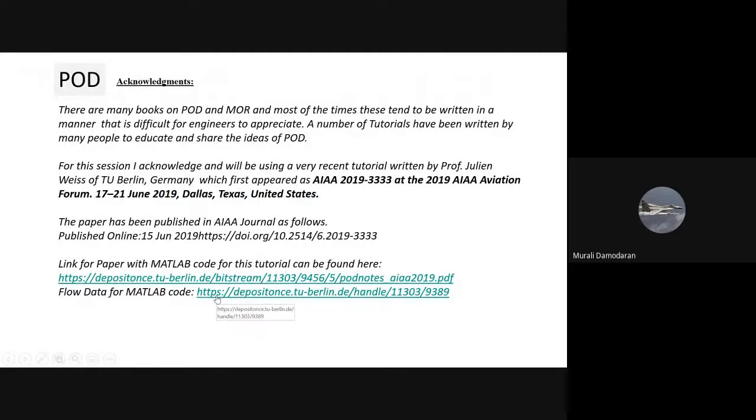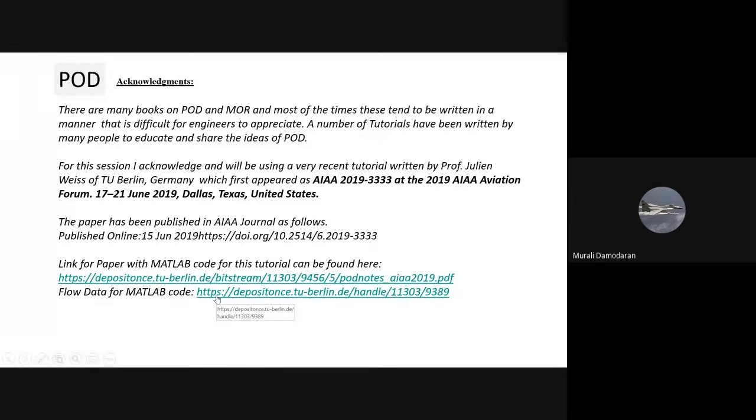How I am going to present this material today: this is quite a difficult subject to present. There are many books on POD and MOR, and most of the time they are written in a manner that is very difficult for engineers to appreciate, because you need a certain level of mathematics. There are a number of tutorials that have been written.